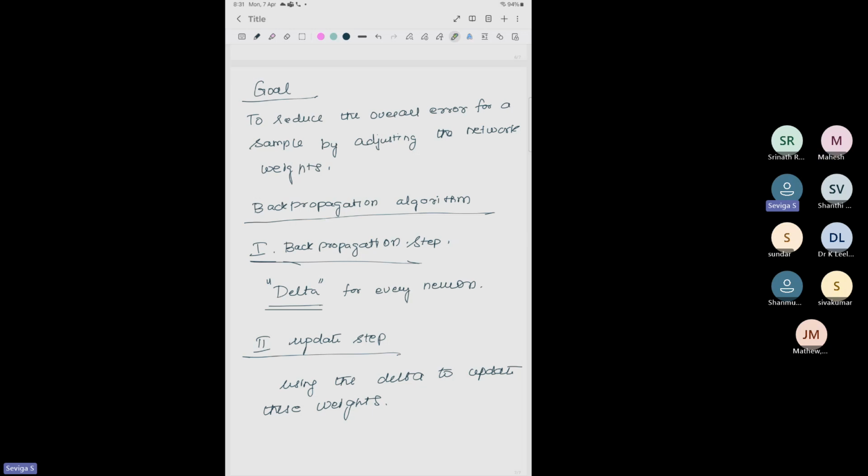The error function computes the difference between the predicted outcome and the label, the ground truth. That is, between the prediction and the ground truth. So there are different ways in which you calculate the error. But delta is the internal number which is used in updating the weights.